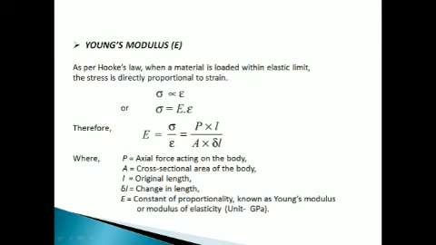The unit for Young's modulus is gigapascal in SI units, and mathematically we can write E is equal to sigma by epsilon, which is equal to P into L by A into delta L. Since stress is P by A and epsilon is delta L by L, finally we get E is equal to PL by A into delta L.